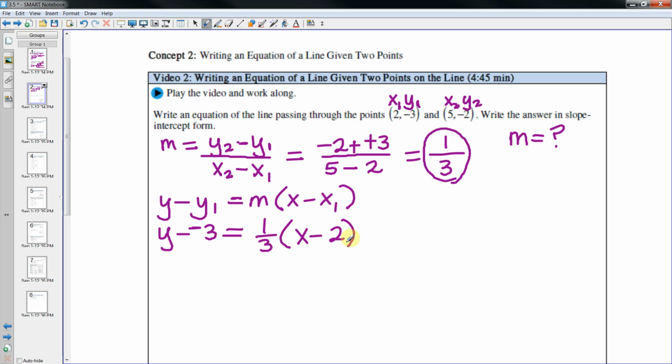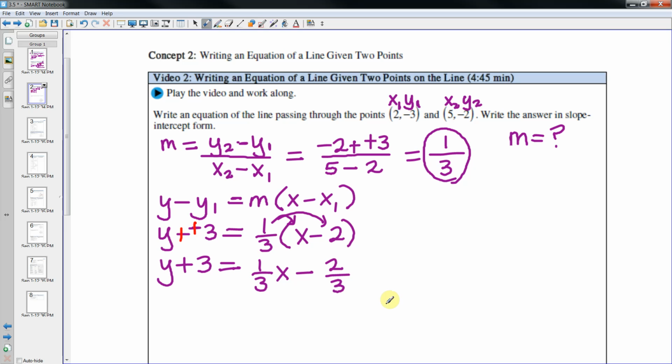Alright, so now this is going to change to y plus 3, and we're going to have to do some fraction work, I can tell on this one, and I know that's your favorite thing in the world to do, but sometimes it's inevitable. So y plus 3 equals, if I distribute, 1/3 x, and 1/3 times a negative 2 is minus 2/3.